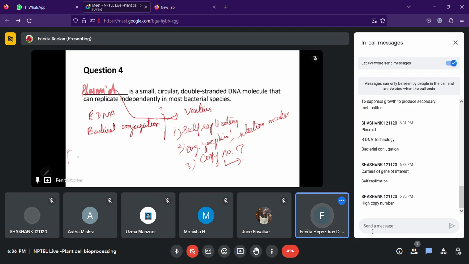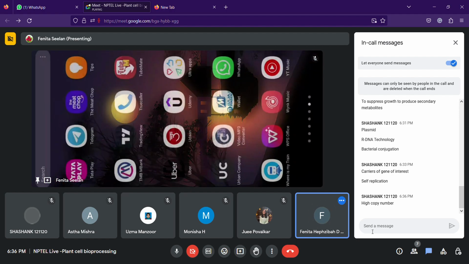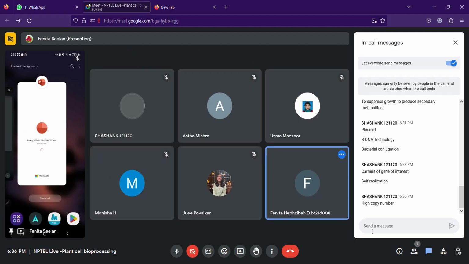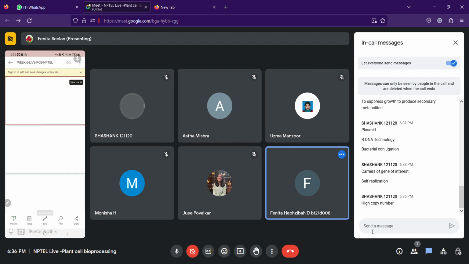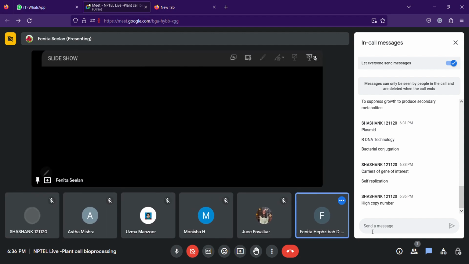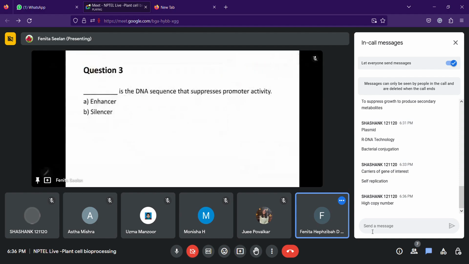One is your expression vector, the other one is which vector?